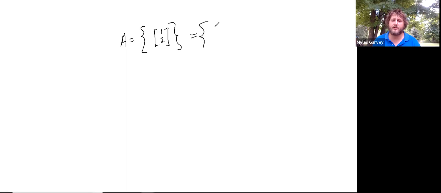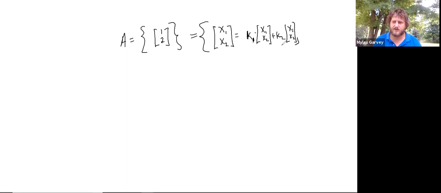In other words, this is the collection of all (x1, x2) such that I have, let's say, k1 times (1, 2) plus k2 times (1, 2).